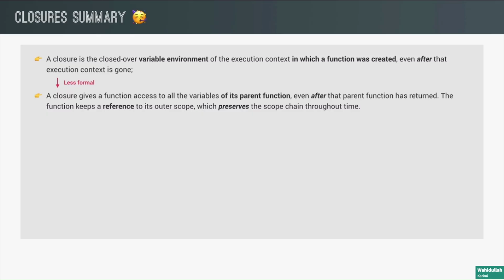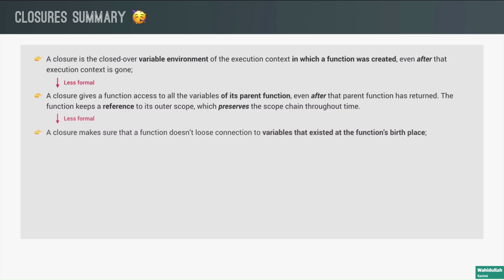Alright, another definition, or let's say analogy, is that a closure makes sure that a function never loses connection to the variables that existed at the function's birthplace. It remembers the variables even after the birthplace is gone. It's like a person who doesn't lose connection to their hometown.